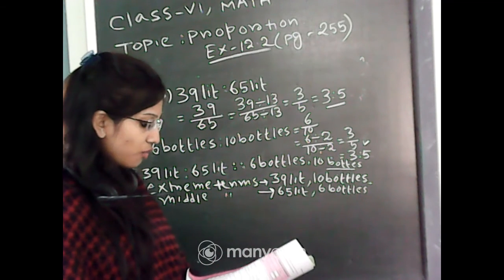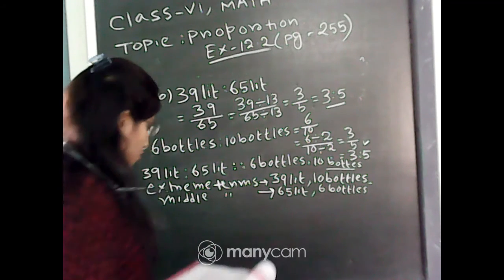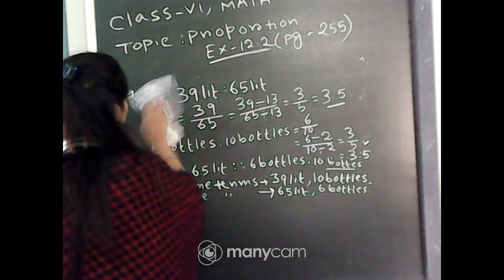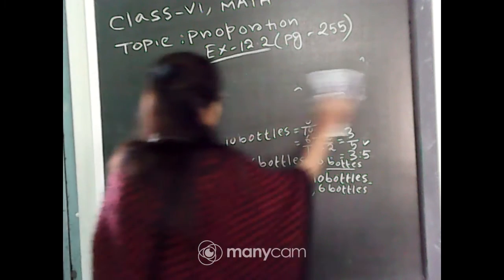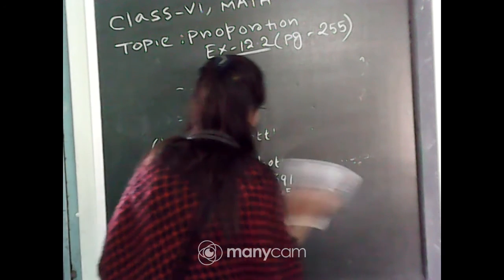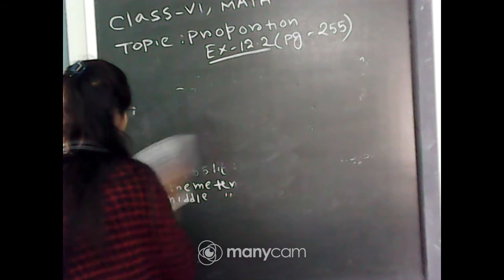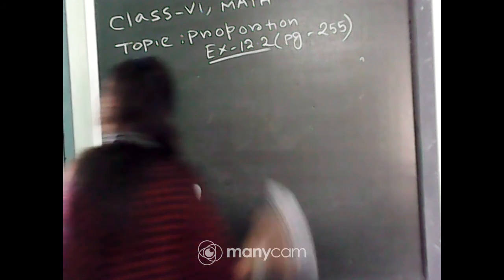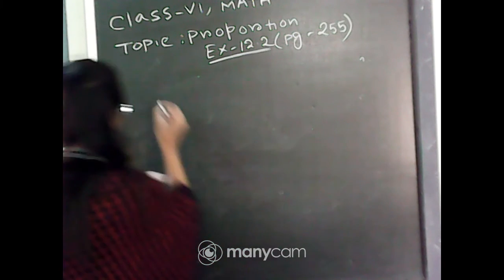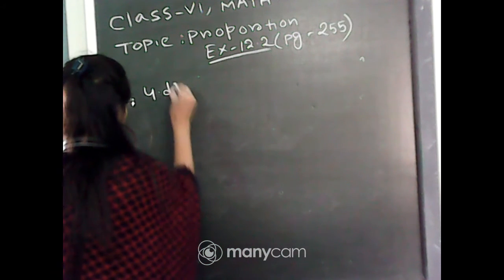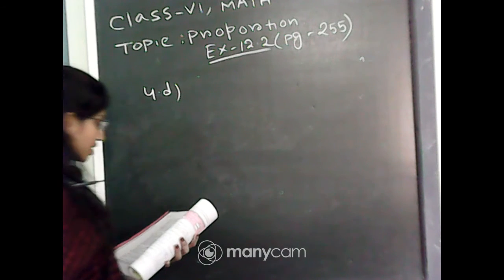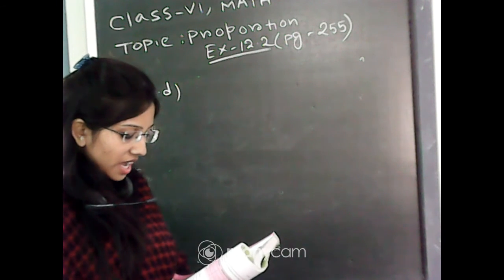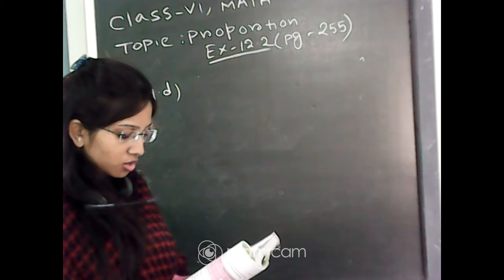Next question, 4D. 200 milliliter is to 2.5 liter and rupees 4 is to rupees 50.